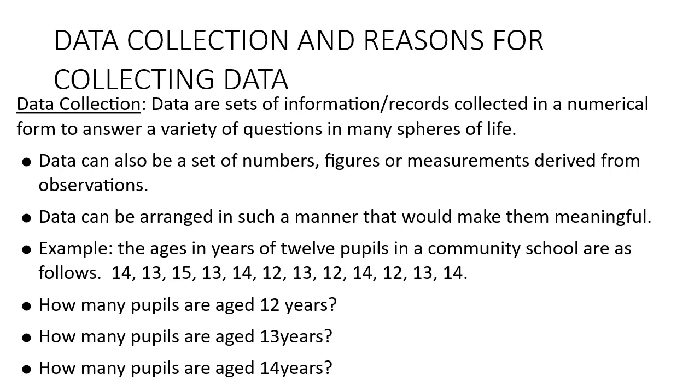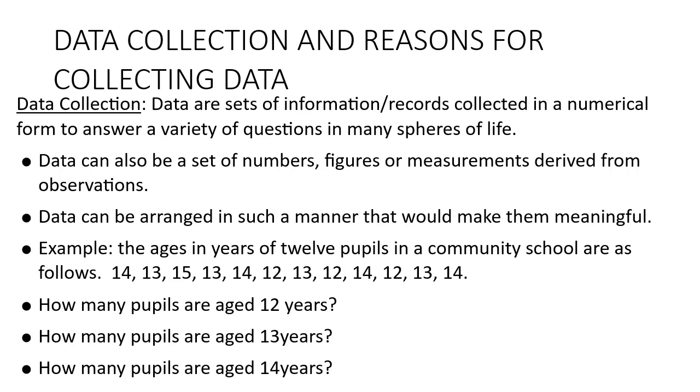Now let's go to the last question there. It said, how many pupils are aged over 12 years? Which means those whose age is above 12. You will now count. Who will help us? Blessing. Count.